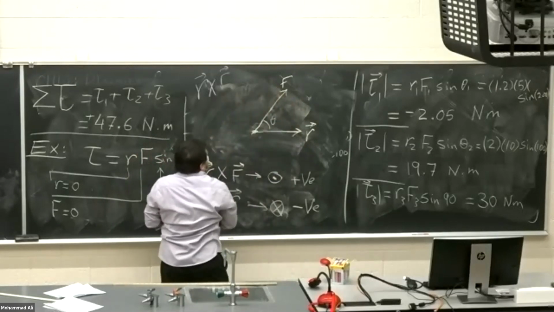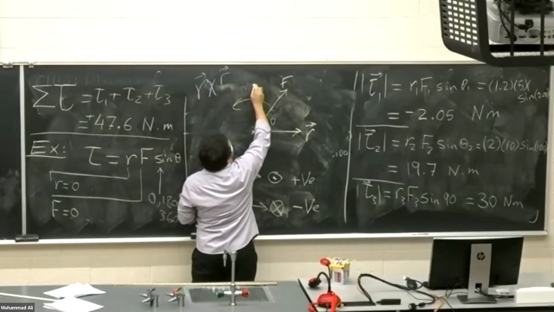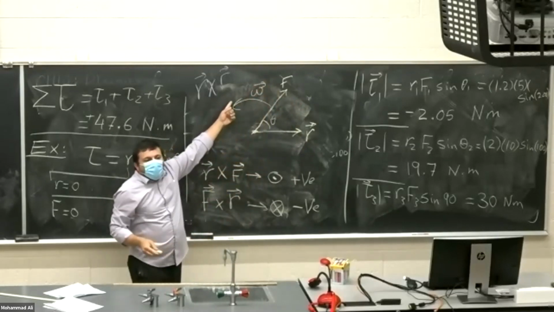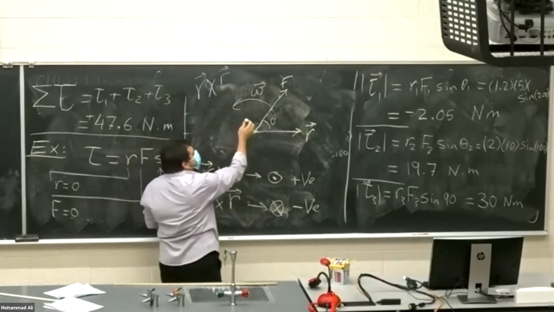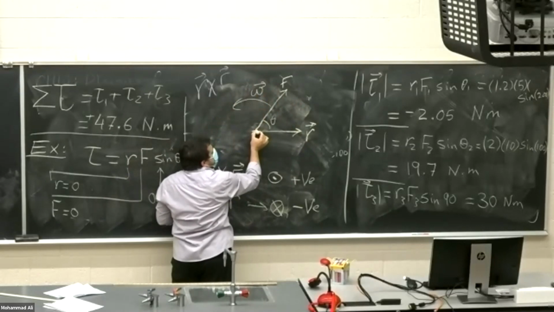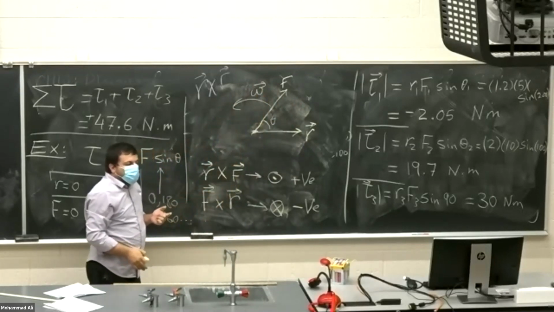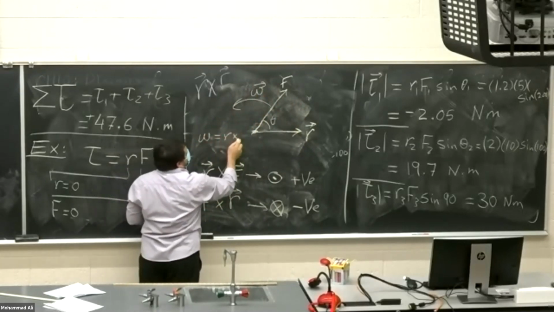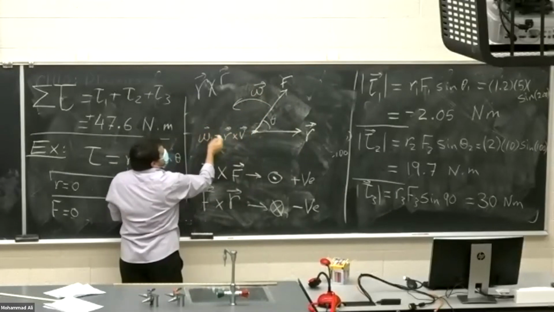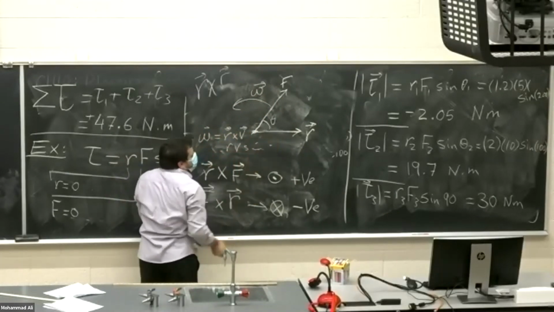If this vector is rotating by omega, omega is a vector quantity and its direction is perpendicular to our surface again. If you remember, omega, I think it is R cross V, a cross product, which is R V sine theta.